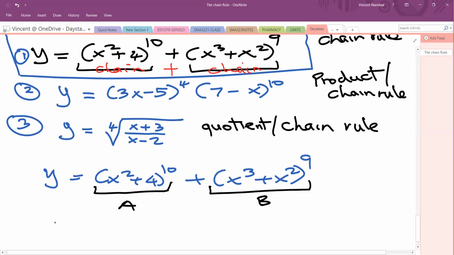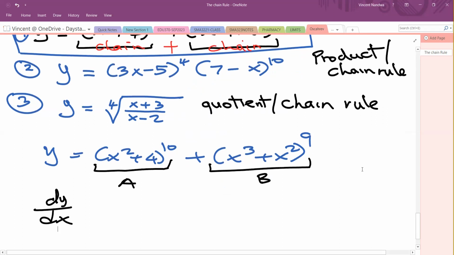So the derivative dy dx in this part A, your u function will be what? So x squared plus 4 will be the u, okay?